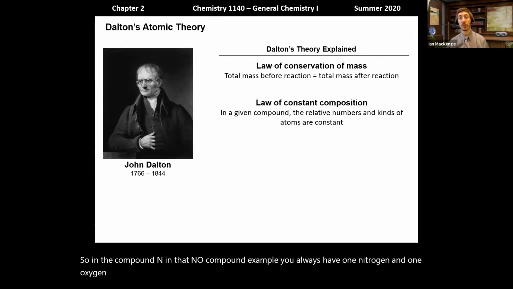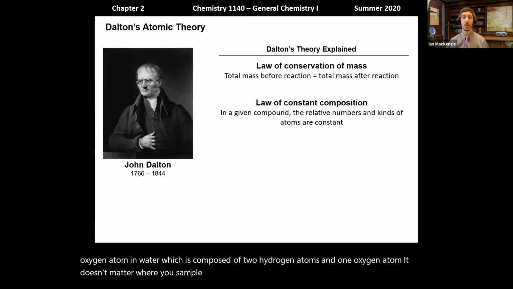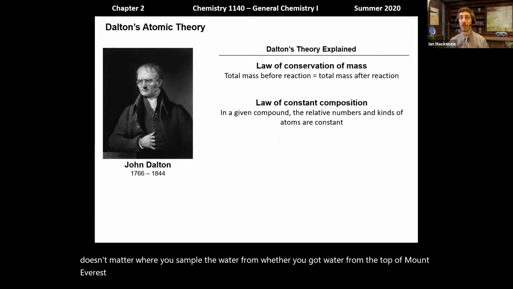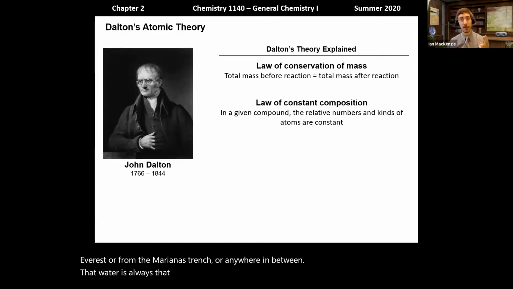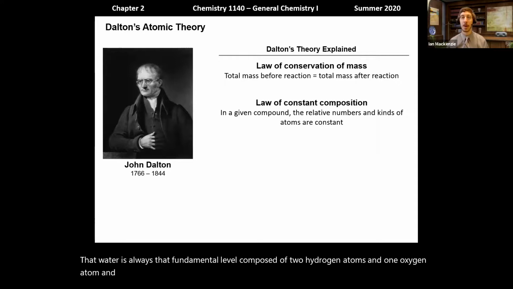In water, which is composed of 2 hydrogen atoms and 1 oxygen atom, it doesn't matter where you sample the water from, whether you got water from the top of Mount Everest or from the Marianas Trench or anywhere in between. That water is always at a fundamental level composed of 2 hydrogen atoms and 1 oxygen atom. And that's explained again by Dalton's postulates.